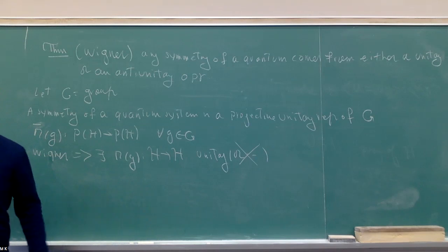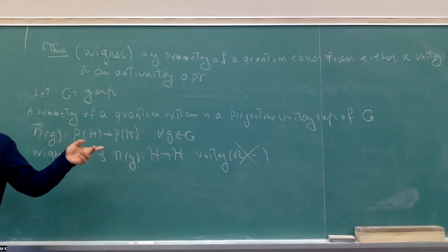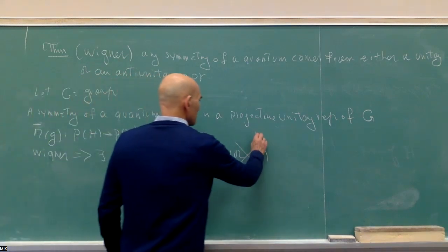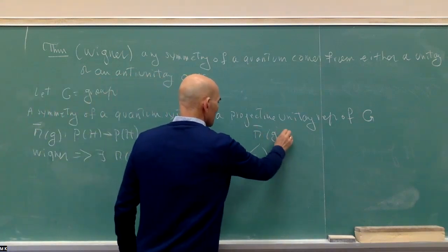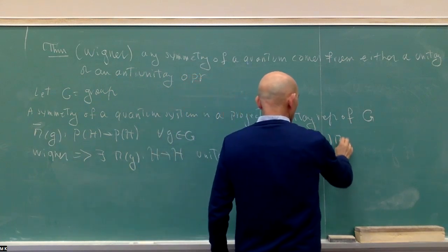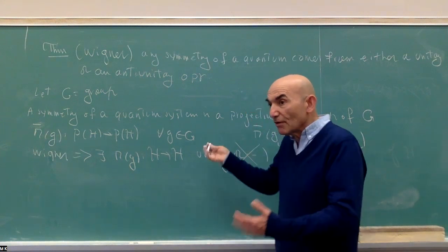Okay, now this being a representation means what? Means that pi bar of G1, G2 must be equal to pi bar of G1, pi bar of G2. Right? This is the idea of representation.